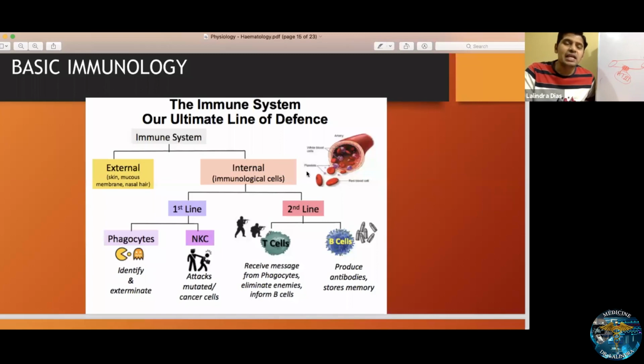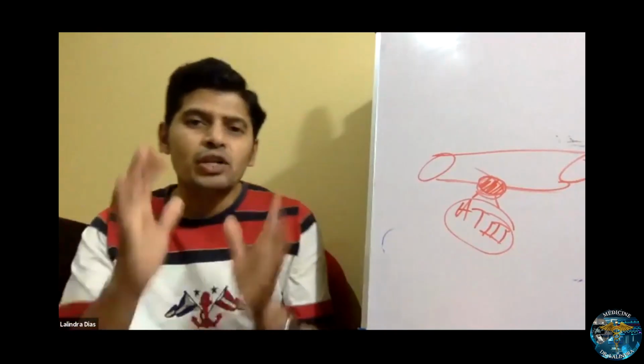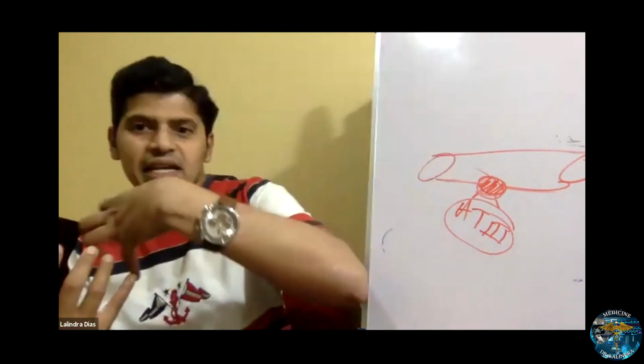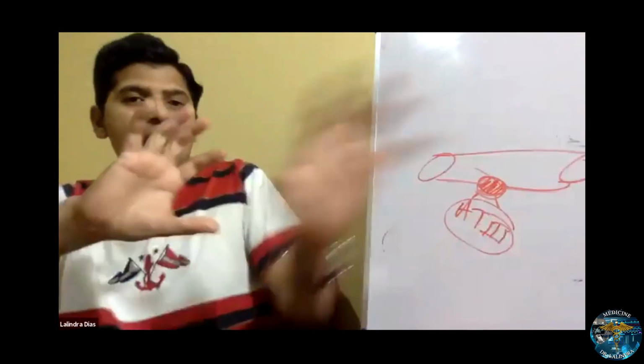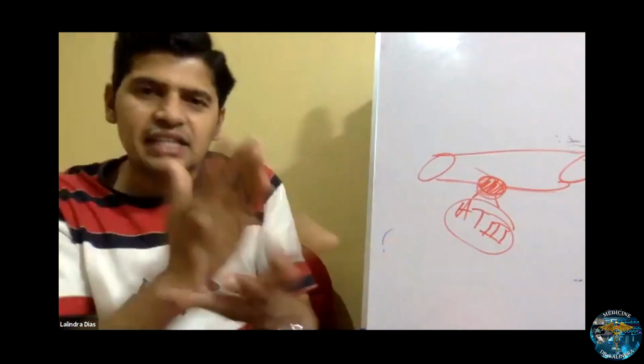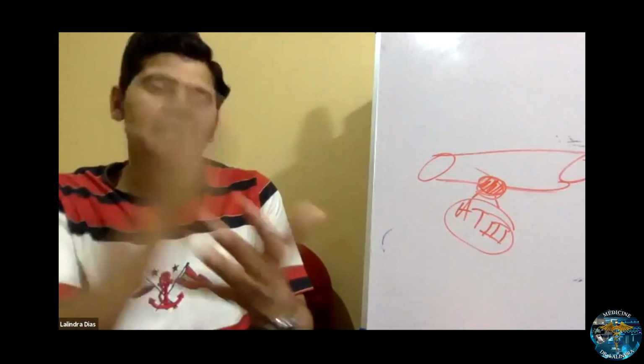Then you have what is called second line defense. What is that? So why do we call it first line? When a bacteria enters your body, cells like neutrophils and macrophages go right to the forefront, engulf them and kill the bacteria. So that is innate immunity.